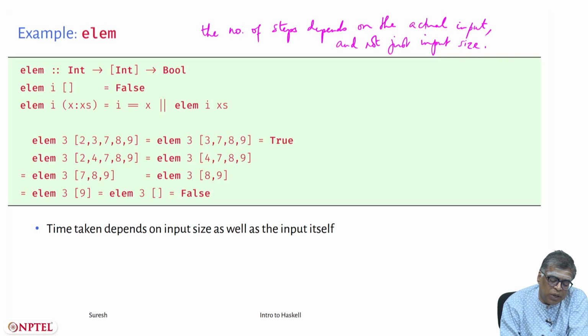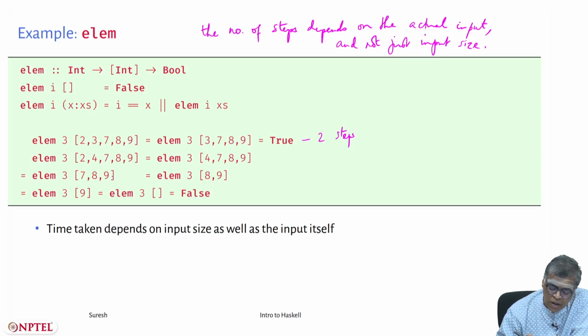So LM 3 of 3789 is true. In this case, we just took 2 steps. LM3 of 4789 is LM3 of 789, which is LM3 of 89, which is LM3 of the singleton list 9, which is LM3 of empty list, which is false.